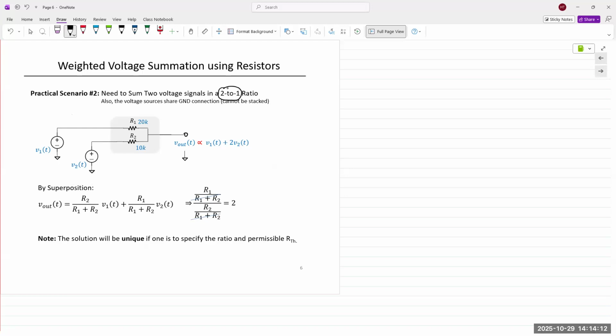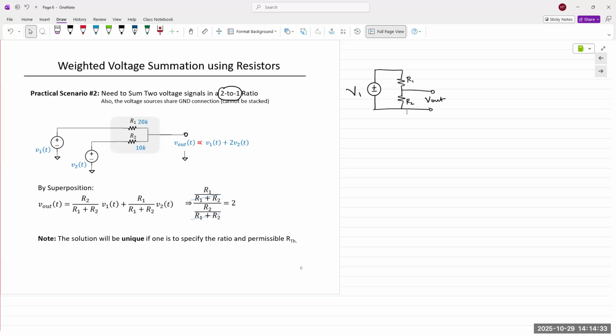It is a simple voltage divider circuit like this. V out is here, that's V1, that's R1, and that's R2.